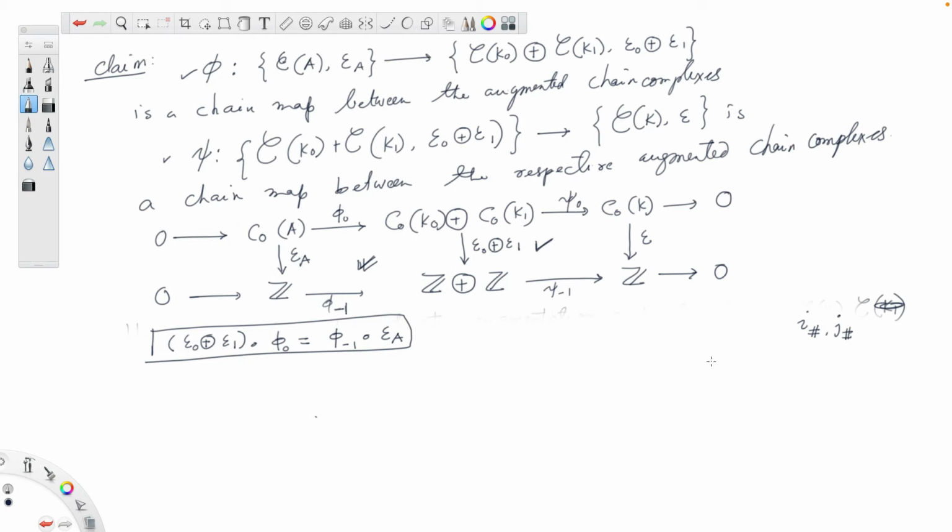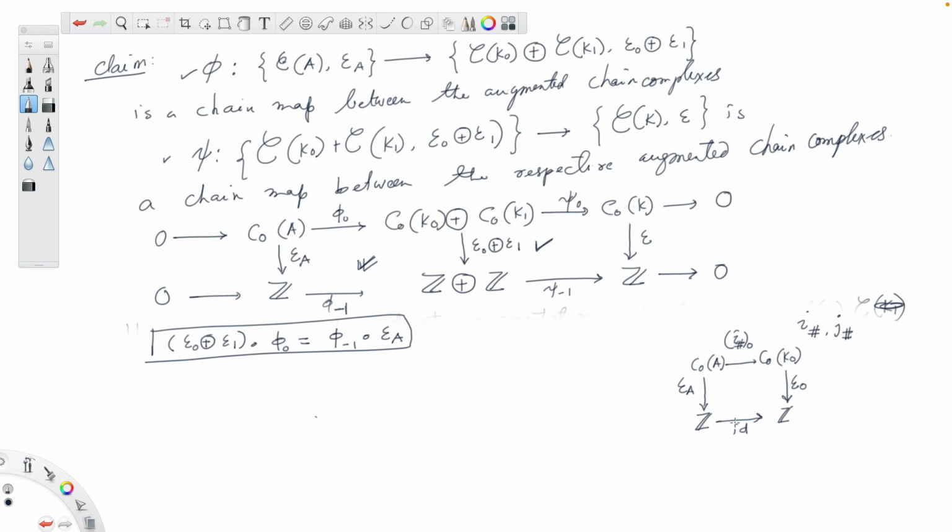What are those diagrams? C0 of A is mapped to C0 of K0 via this map I hash, via this group homomorphism, which takes zero chains on A to the zero chains on K0, and there is this augmentation map epsilon A that takes C0 of A to the additive group of integers, and there is this augmentation map epsilon 0 that takes C0 of K0 to this additive group of integers, and this is the identity map.